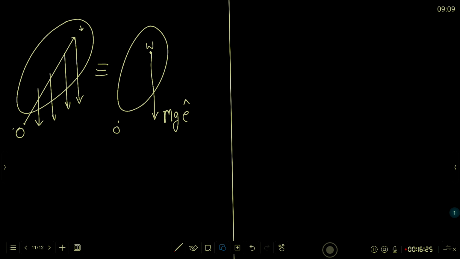This is my point P. And at this point I have this force dF acting downwards, which is rho times g times dV.